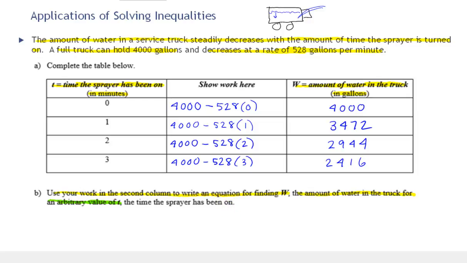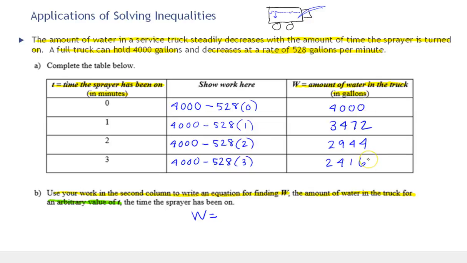We computed our W, so we're going to write W equals. Notice it said to write an equation, so you don't just want to write an expression like we have here. We want to write what W equals. And now let's look at the pattern. This is why I want you to always write your expressions like this in your tables so you can see the structure.